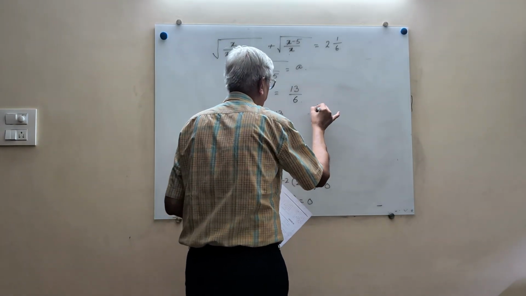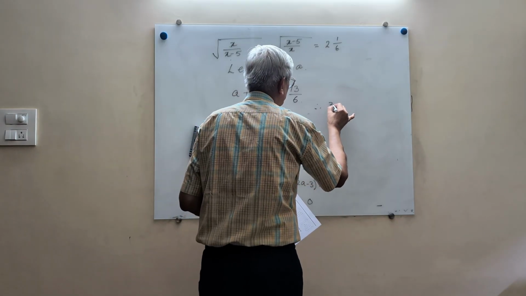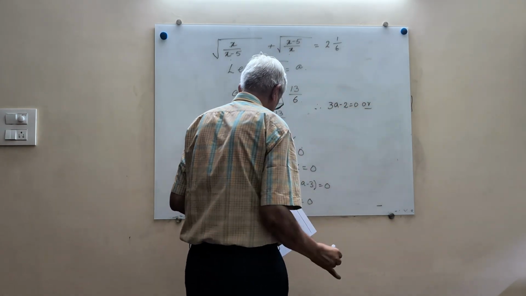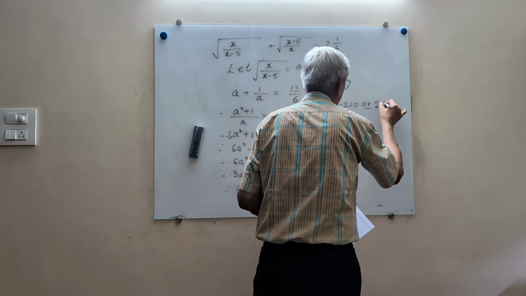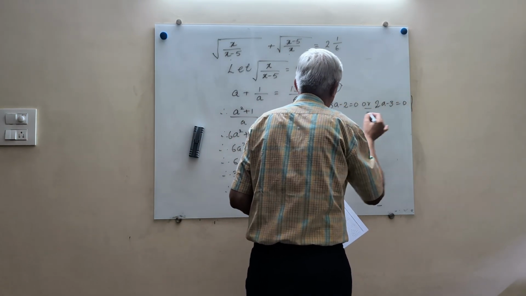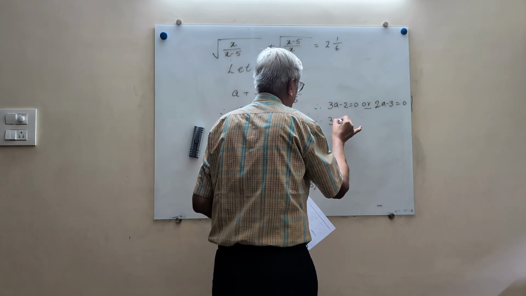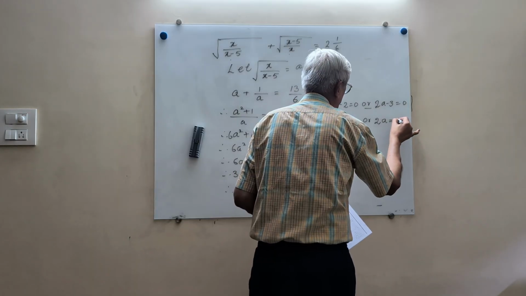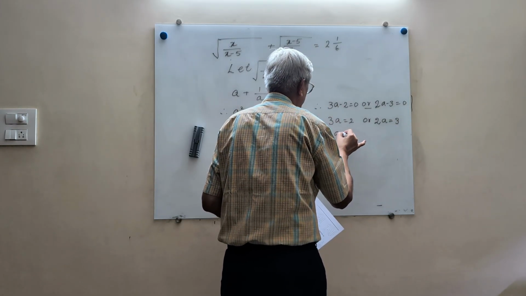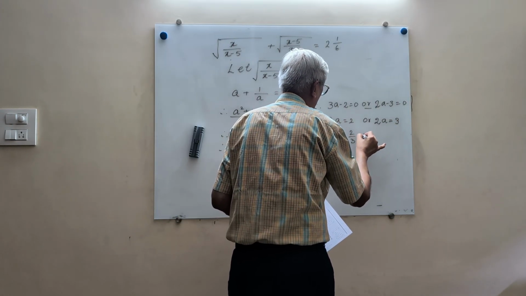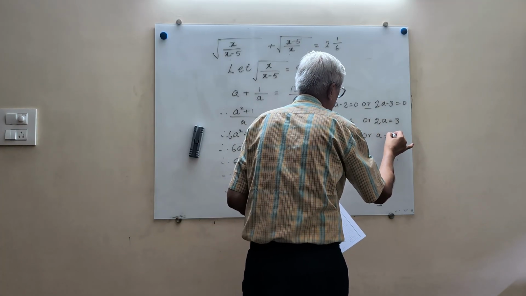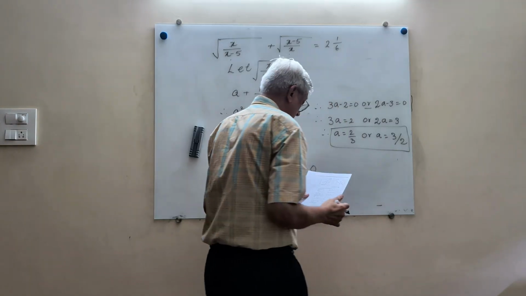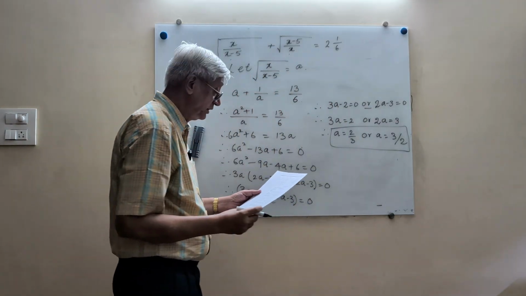Therefore, 3a minus 2 is equal to 0 or 2a minus 3 is equal to 0. Therefore, 3a is equal to 2 or 2a is equal to 3. Therefore, a is equal to 2 by 3 or a is equal to 3 by 2. So, these are the sums which we have solved.